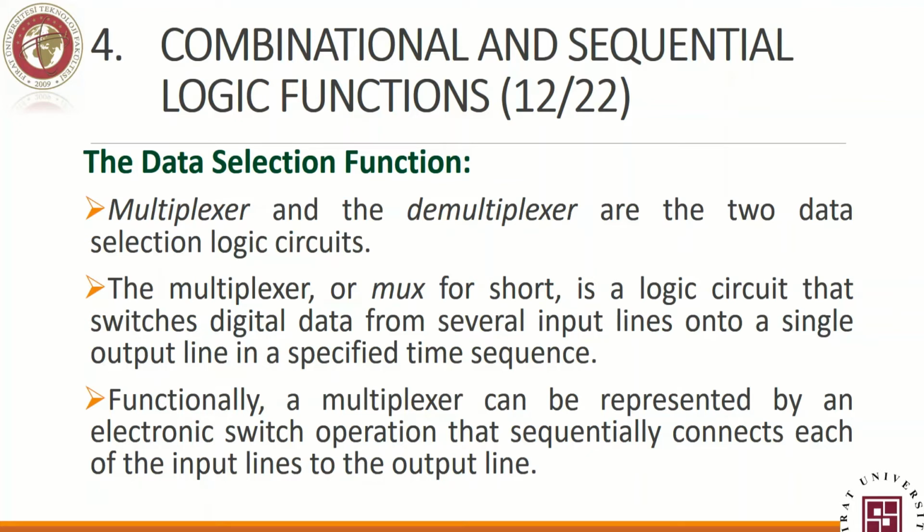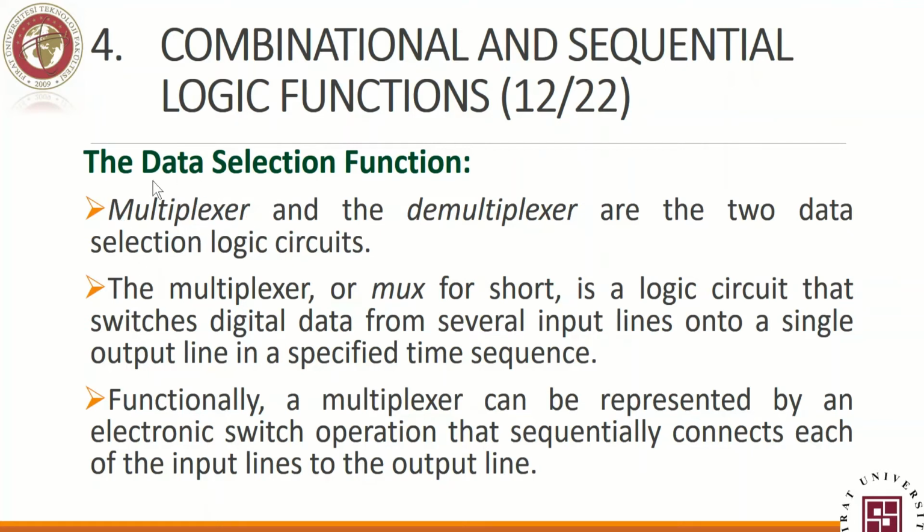So we assign time for the first input, another time for the second input, another time for the third input, and we take all the inputs onto one line. So we have several inputs, we switch them to one line, or we pass them on the transmission of one line. This is the idea of a multiplexer.